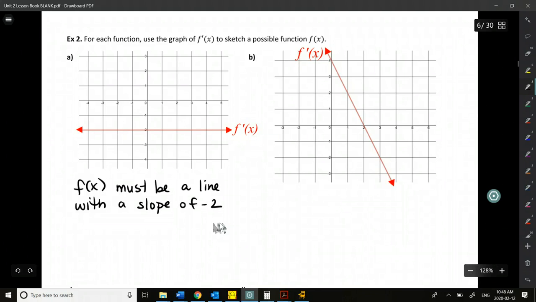Also, what do we know about the original function based on the fact that f prime at x is negative everywhere? It's decreasing. Yes, so it must be decreasing.